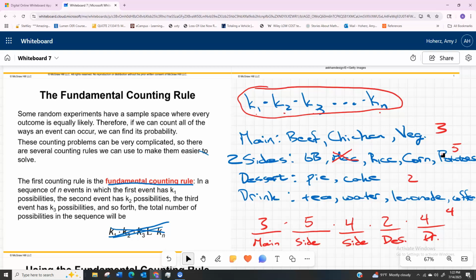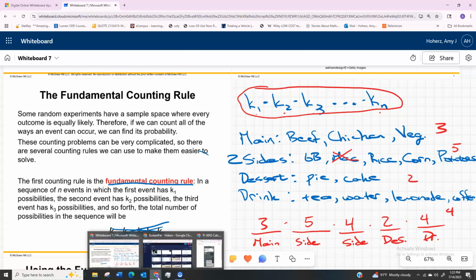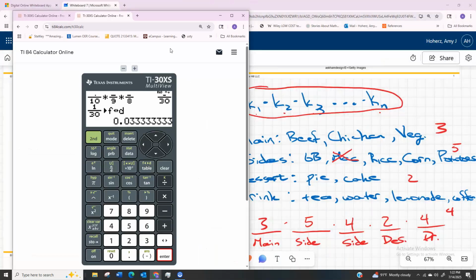Now, if you multiply that out, 3 times 5 times 4 times 2 times 4, you will be amazed at how many different ways there are in just a small buffet. This isn't even a very elaborate buffet, and there are 480 ways to pick your meal with your dessert and your drink.